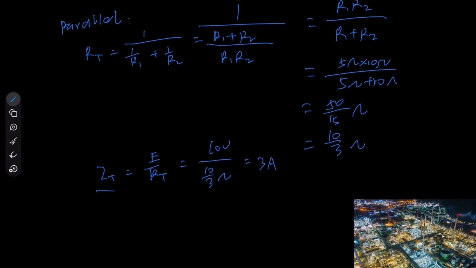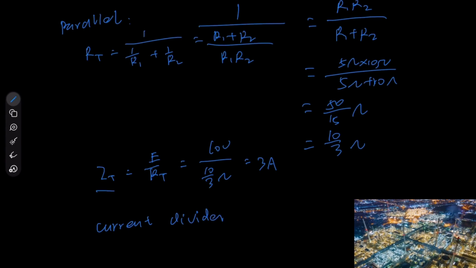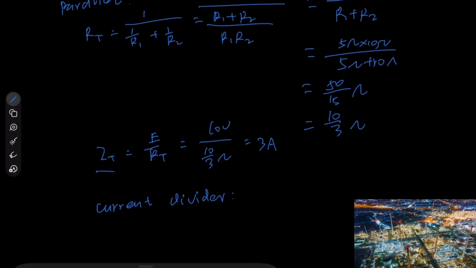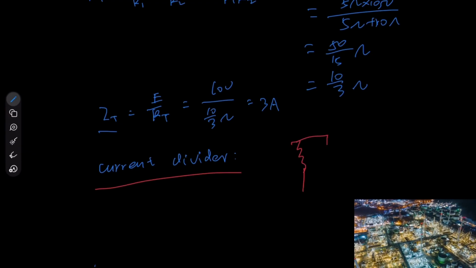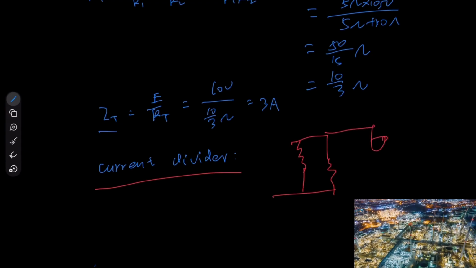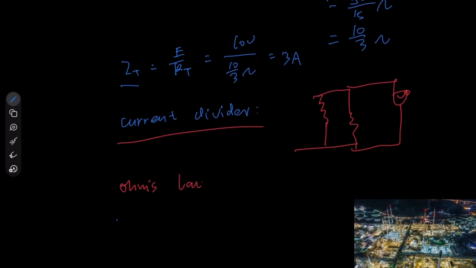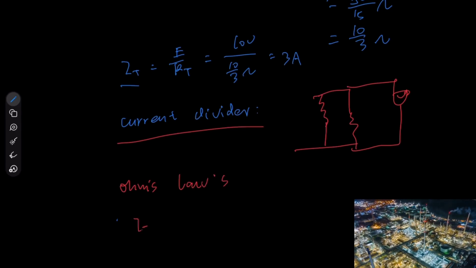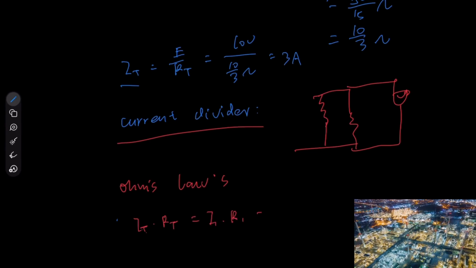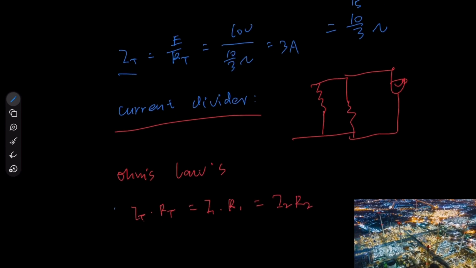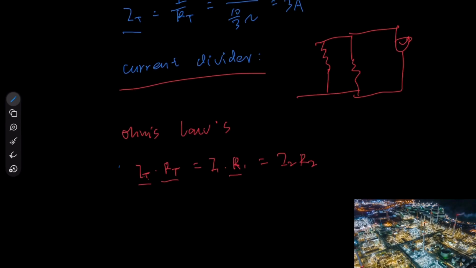Now let's look at the current divider. Basically for a parallel circuit, the voltage is the same everywhere. How do we get voltage? By using Ohm's law, we can get IT times RT equals I1 times R1 equals I2 times R2. So right now we have RT, IT, and we have the resistor R1.